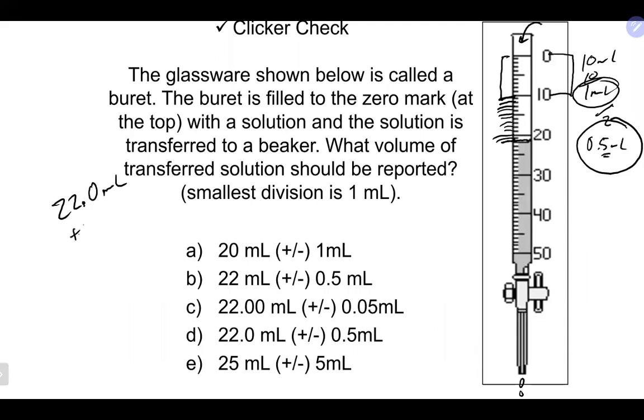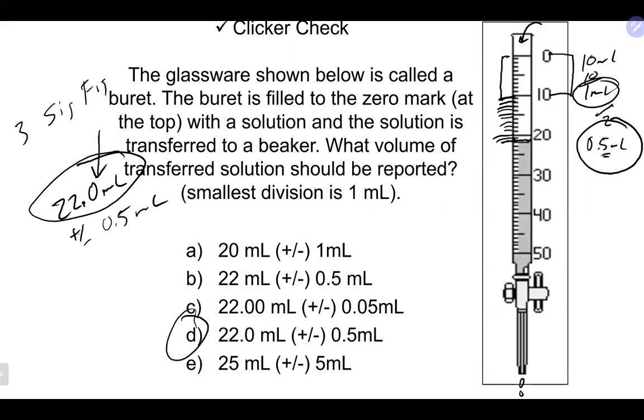And we could include our uncertainty there as plus or minus 0.5 milliliters. This would have how many significant figures? This would have 3 significant figures, the uncertainty being right there at that 0. So it looks like letter D would be a winner on this one.